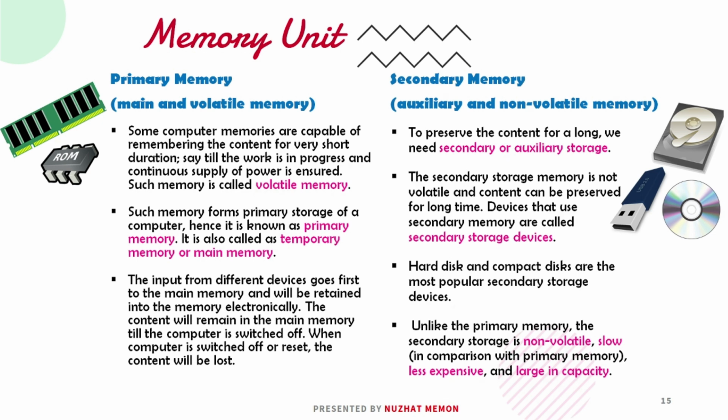Devices that use secondary memory are called secondary storage devices. Hard disk and compact disk are the most popular secondary storage devices. Unlike primary memory, secondary storage is non-volatile, meaning it will store your data permanently, whether it gets electricity or not. And it is slower because it is not directly accessed by the CPU. Secondary storage devices are less expensive and store a larger amount of data compared to primary memory.